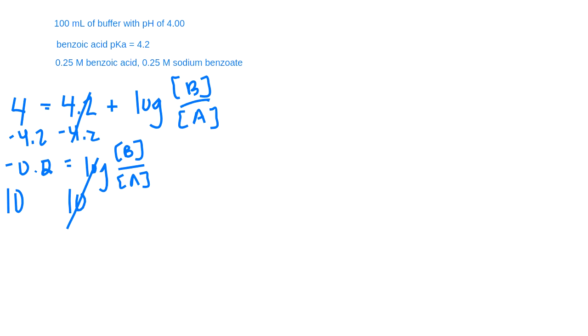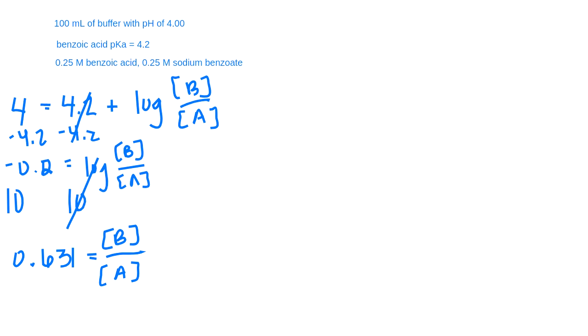And I get 0.631. And that is equal to my ratio of base over acid. Now let's think about what this number means really quick. If the number was greater than 1, that would mean we would need more base than acid, because base is in the numerator.